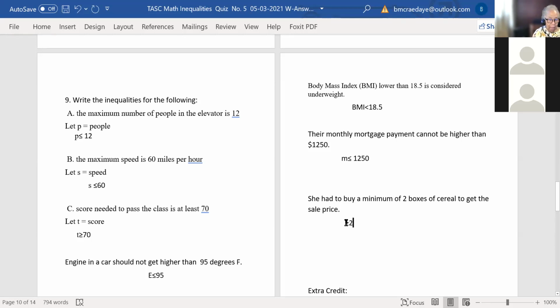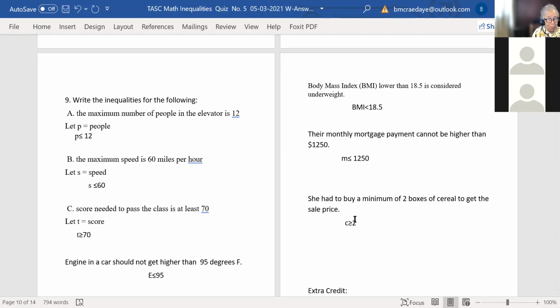We'll call the cereal C. So the cereal she must buy has to be greater than or equal to 2 to get the sale price. Anything less than that, she will not get the sale price. So 2 boxes, she gets the sale price. 4 boxes, she gets the sale price. 1 box, regular price, because that's less than 2.